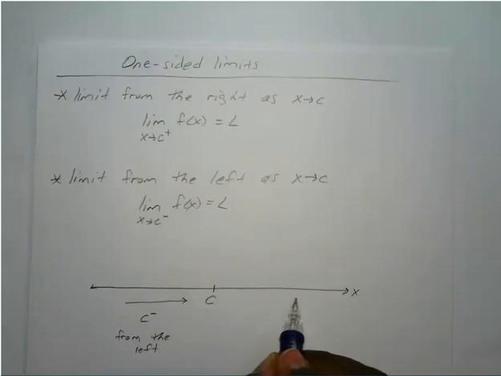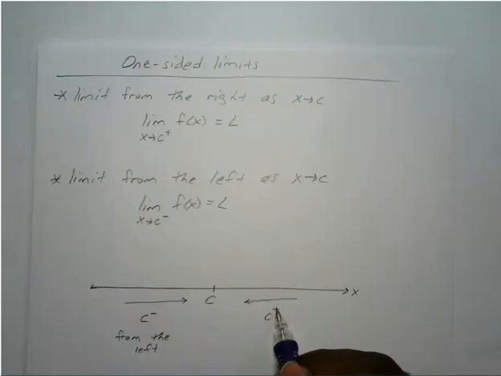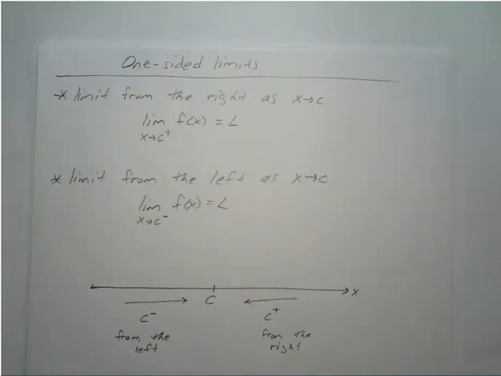If you're approaching from the right, that would be c with the little plus sign up there. Don't confuse that with positive and negative. It's not positive and negative. It's literally just from the left and from the right.